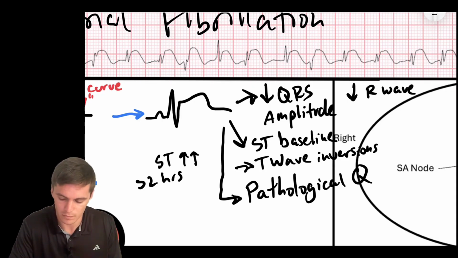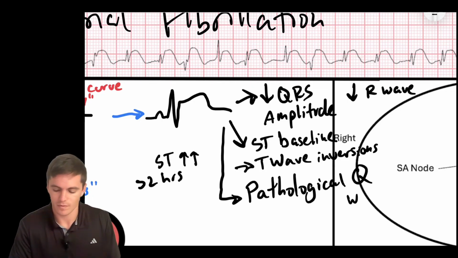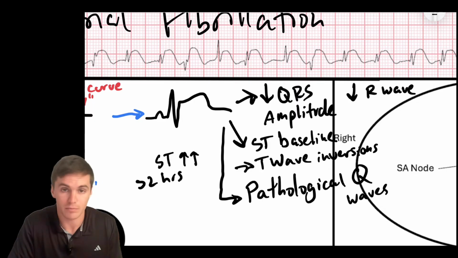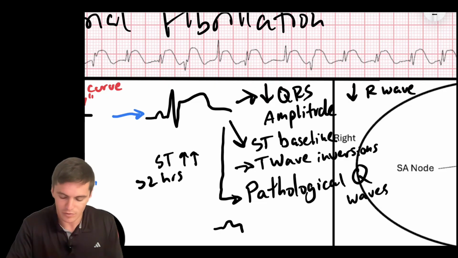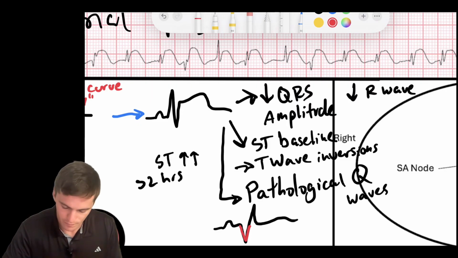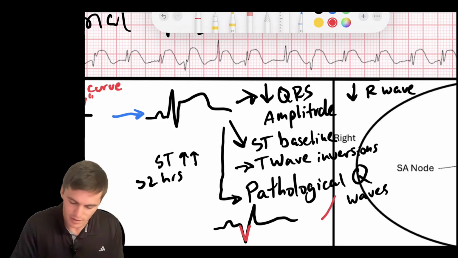pathological Q waves. And pathological Q waves are a chronic finding in someone that's had a previous ST elevation myocardial infarction, where they have their P wave, and then whenever they go to create a QRS complex, they have these deep Q waves, right? So this Q wave in red, that's a pathological Q wave, right?